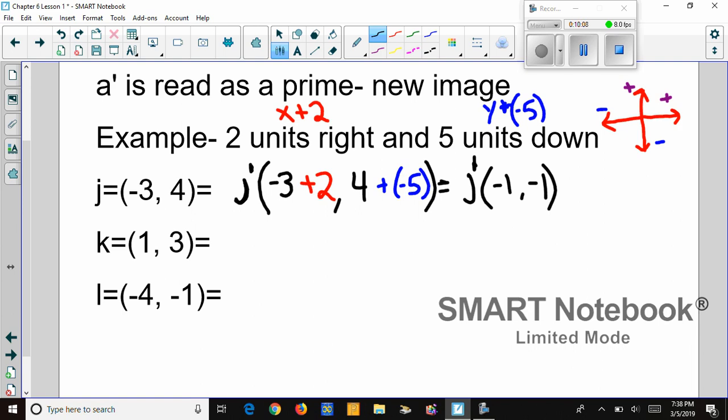Let's look for K prime. So K prime starts at 1 for my x, but I'm going to be adding 2 to move it to the right. And then our y starts at 3, but I'm going to add -5 because I need to move down.